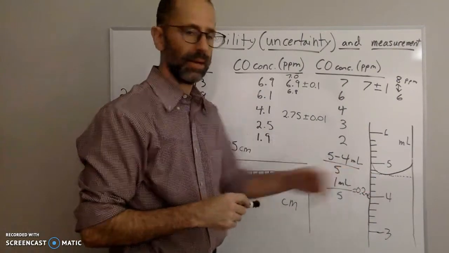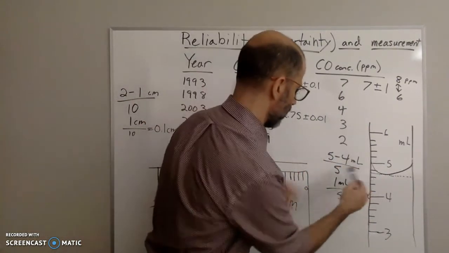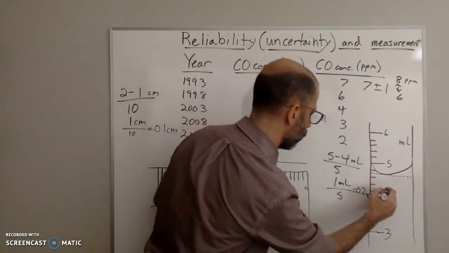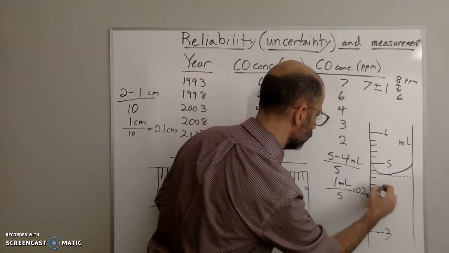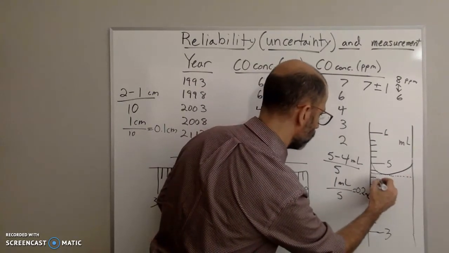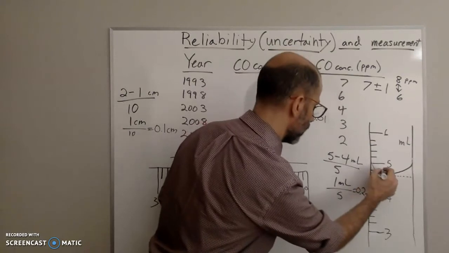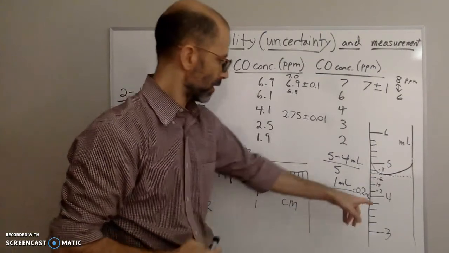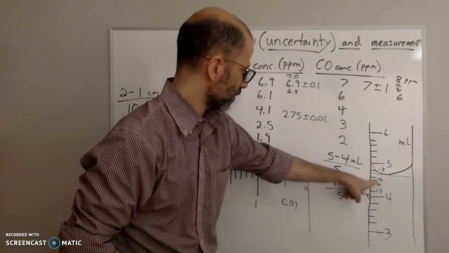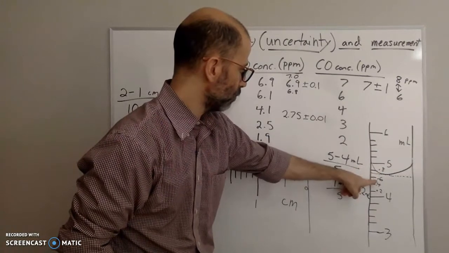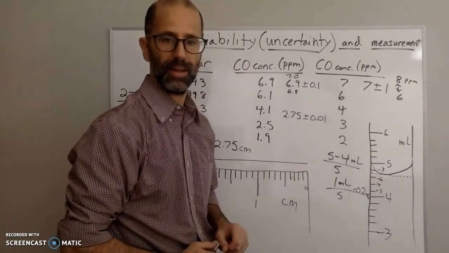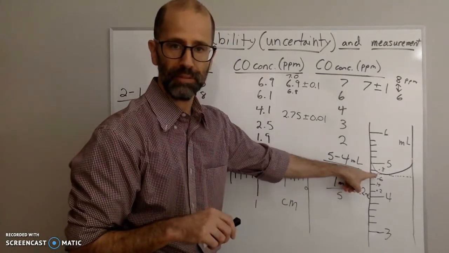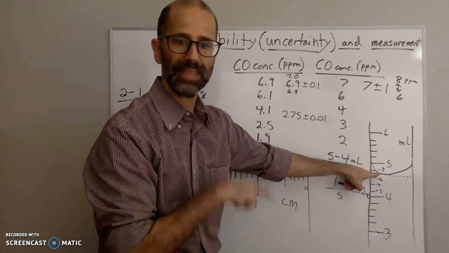But in this case, we can't, because watch what happens. So I have 4, then 4.2, 4.4, 4.6, and up here we have 4.8, increments of 0.2. But look here. What's between 0.6 and 0.8? 0.7, right? There's no line for 0.7, so I have to estimate 0.7.